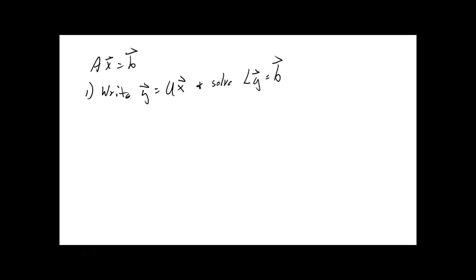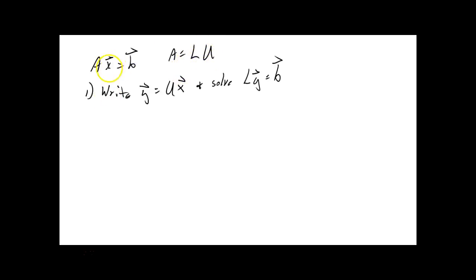Okay? So what I sort of left off here, because I had already said it before, I didn't write it down. If you take this matrix A, split it into A is equal to LU. L lower triangular matrix, U upper triangular matrix.